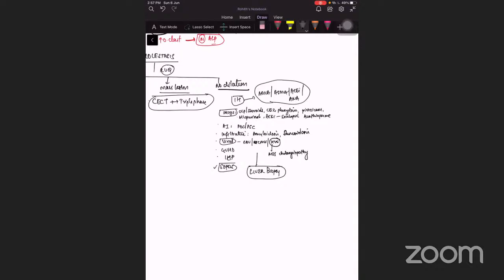Can anyone tell where you can get very low ALP levels? There is one condition where you are going to get very low ALP levels.